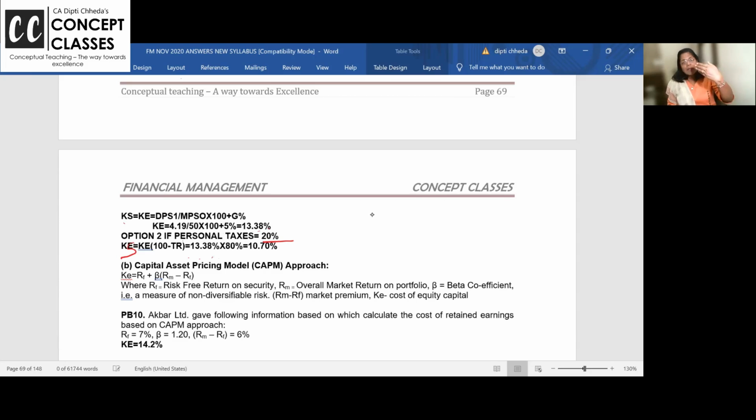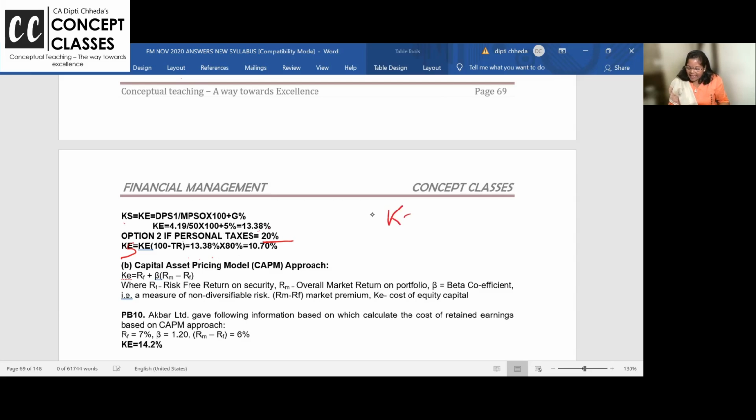But 20% you have paid the tax, no? So see, I gave you 13.38 rupees as dividend. On that 20% you paid tax. If you want to put this money back in the form of reserves, how much will you be able to do? 80%. Are you getting it?